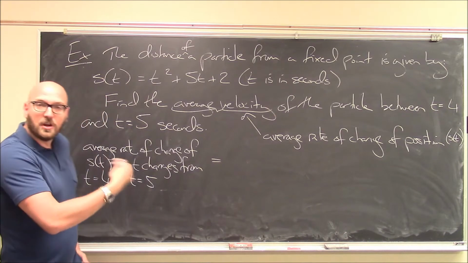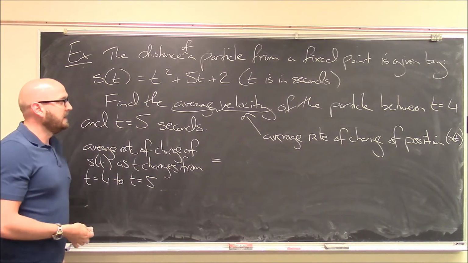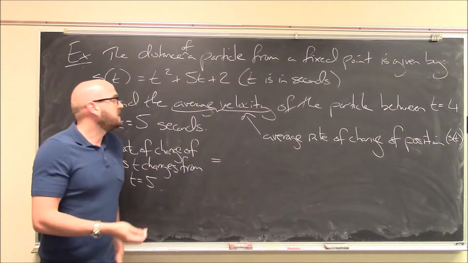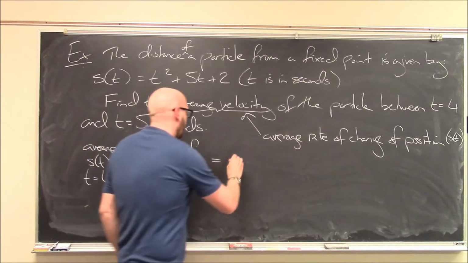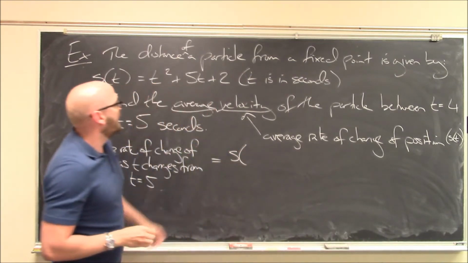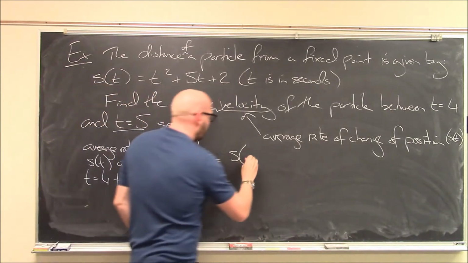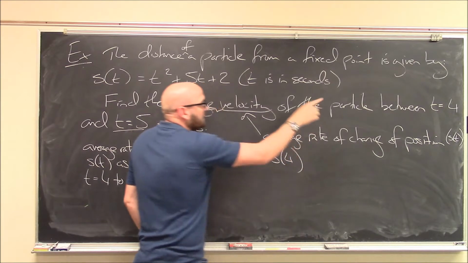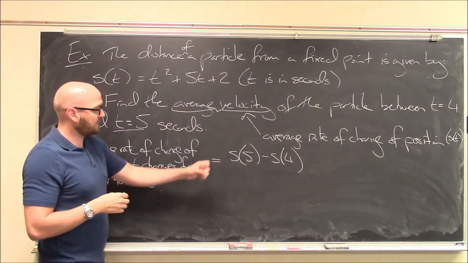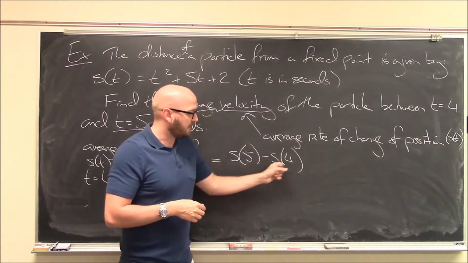And what is this? We'll go back to our average rate of change formula, or the slope of the secant line. It's the change in the y values over the change in x values. Well, what are the y values? It's going to be s, our function, at t equals 5, at the bigger value. So we're going to take s of 5 minus s of 4. Right, so the position of the particle at time t equals 5 minus the position of the particle at time t equals 4.